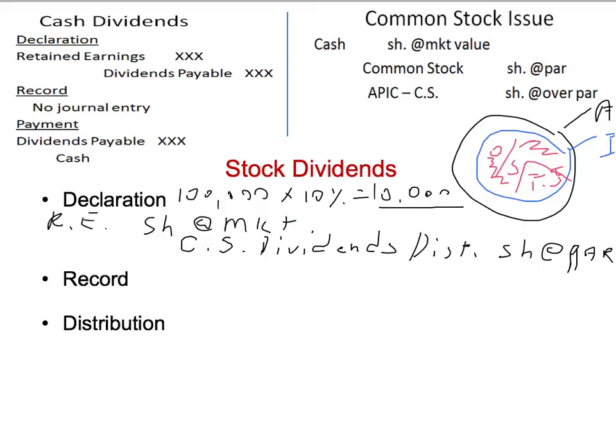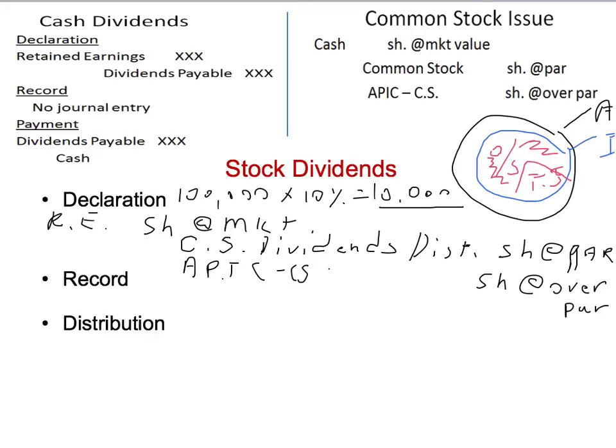In the same way, you will use your additional paid-in capital from common stock in excess of par, so number of shares at the amount that is over par.